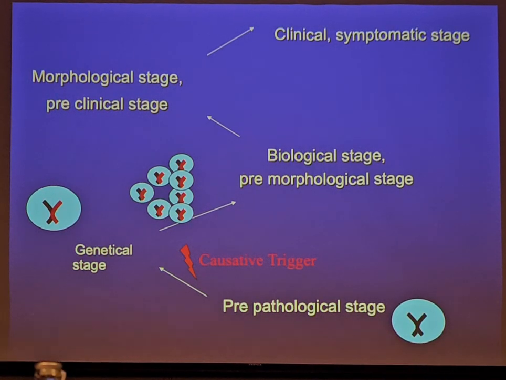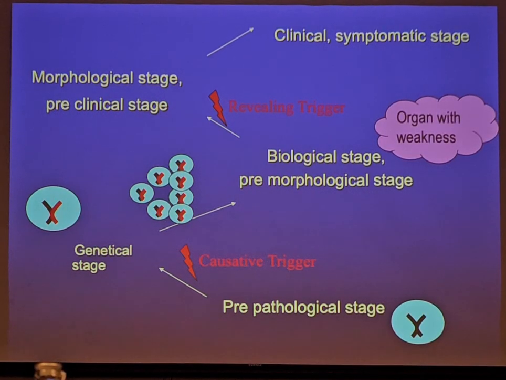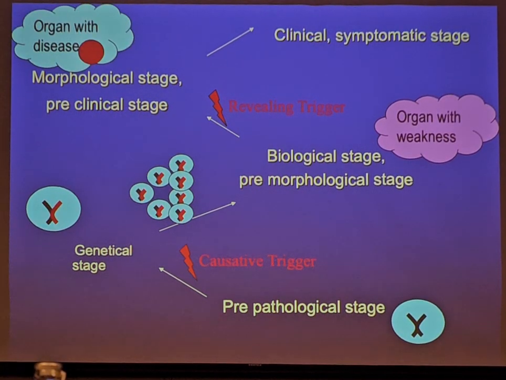And while it is proliferating, it will seed its daughter cells along its pathways, or in the entire body. And then you will get towards a biological stage where you have an organ with a weakness, but not yet the disease. And then due to the second trigger, the revealing trigger, you will now enter the morphological stage where there's the organ with the disease that will then become at one point in time symptomatic.